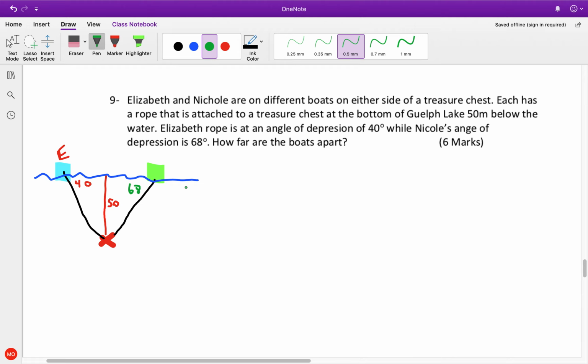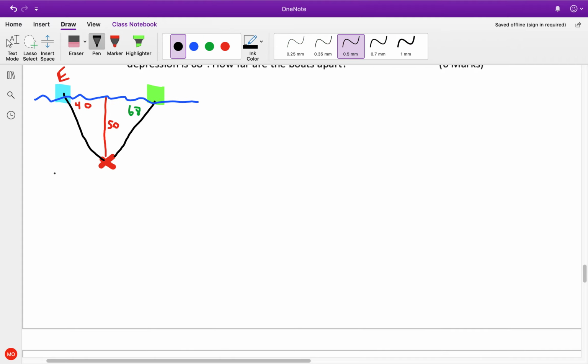So let's look at Elizabeth's triangle first. Let's redraw Elizabeth's triangle only. This is 50, and this is 40. We're looking for how far the boats are apart, so we're looking for this.